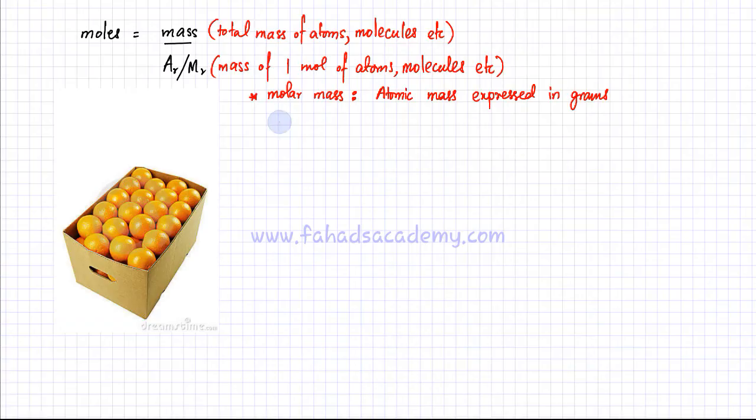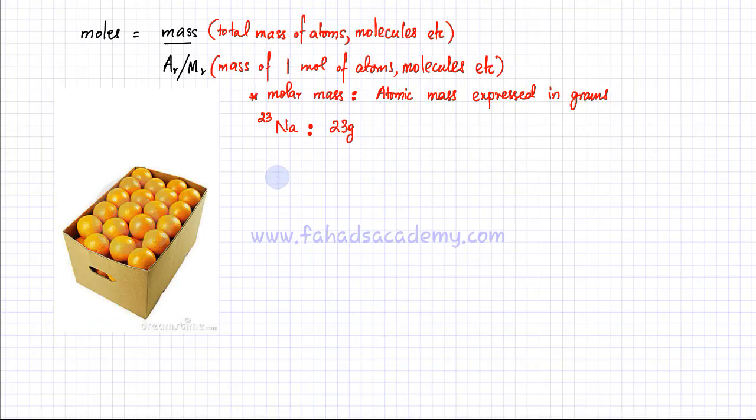So I'm going to do a few examples. So sodium, which has an atomic mass of 23, that has a molar mass of 23, or the atomic mass, or the AR, since we're dealing with the atoms, that's 23 grams.